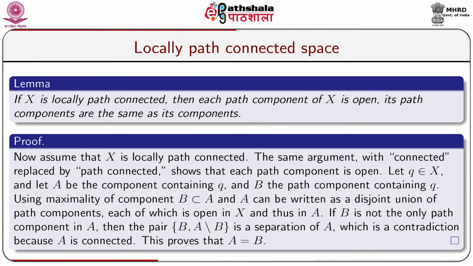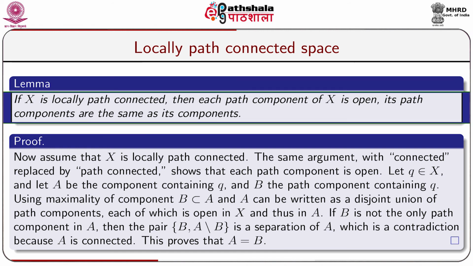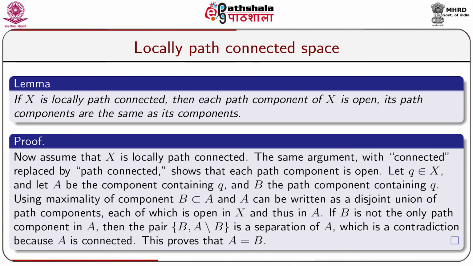Next, if X is locally path connected, then each path component of X is open. Its path components are the same as its components, and it is connected if and only if it is path connected. So, this lemma gives us our final target.